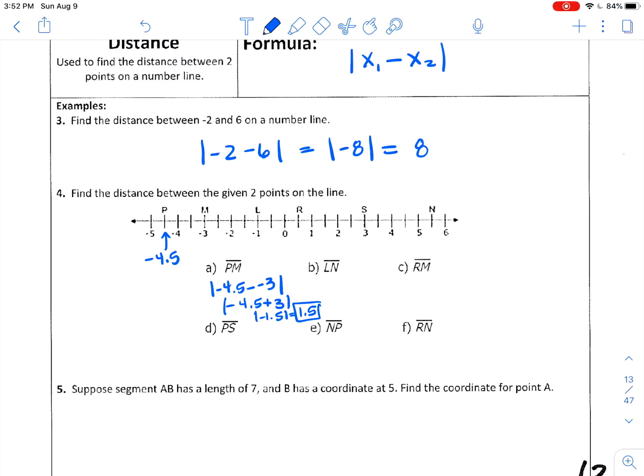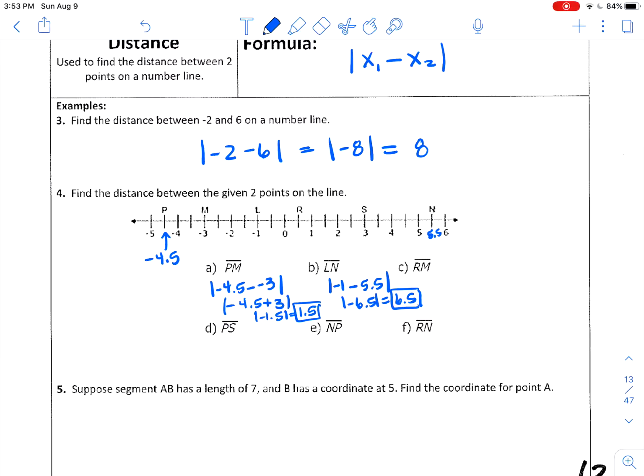In letter B, from L to N, the coordinate for L is -1, and the coordinate for N is 5.5. So this time we're going to subtract -1 minus 5.5. Well, that's -6.5, and the absolute value of that is 6.5.